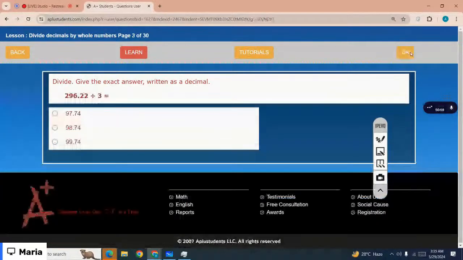Okay, the next one is 296.22 divided by 3. So which is the correct option?